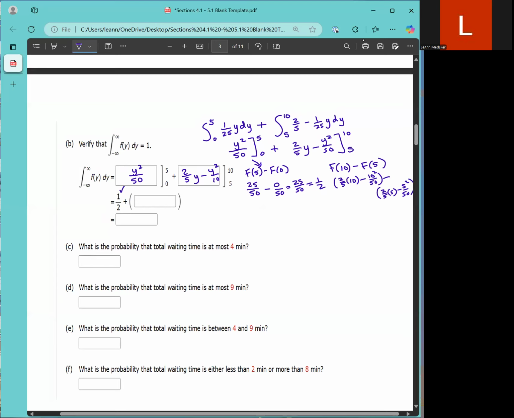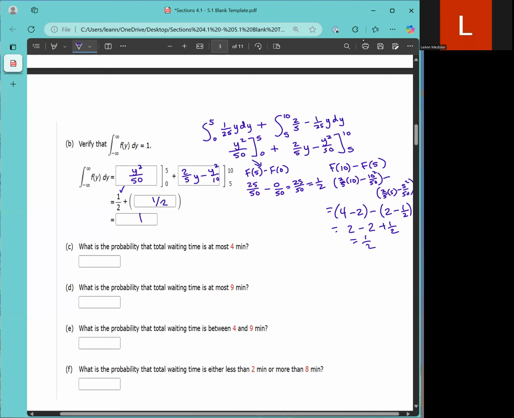So we have to work these out. 2/5 times 10 would be 4, and 10 squared is 100, over 50 would be 2, so 4 minus 2. And then we're going to have minus, a second parentheses, which will be 2 minus 1/2. And so what we get for that is 2 minus 2 plus a half. So this equals a half. We can put that in there, and that is a half plus a half, which is 1.